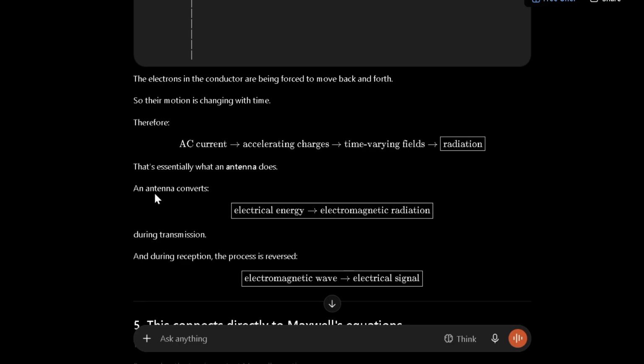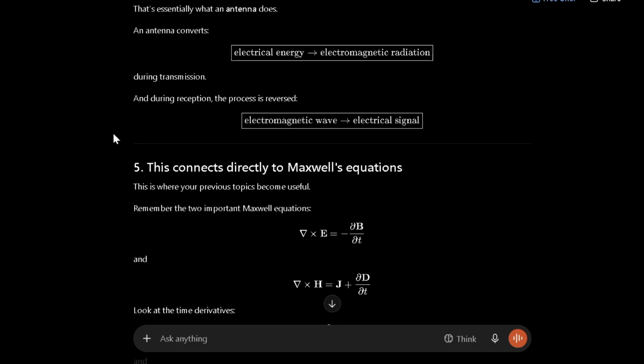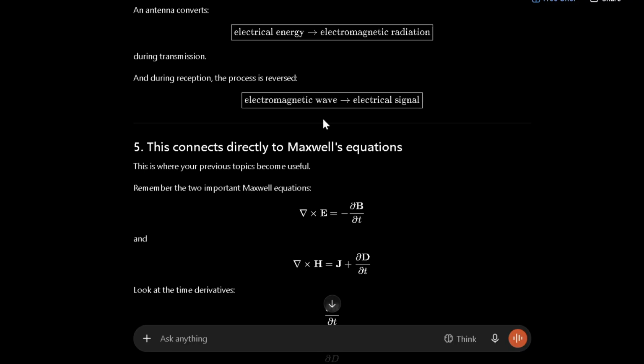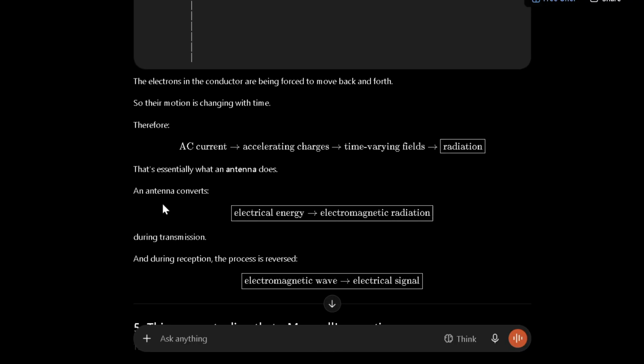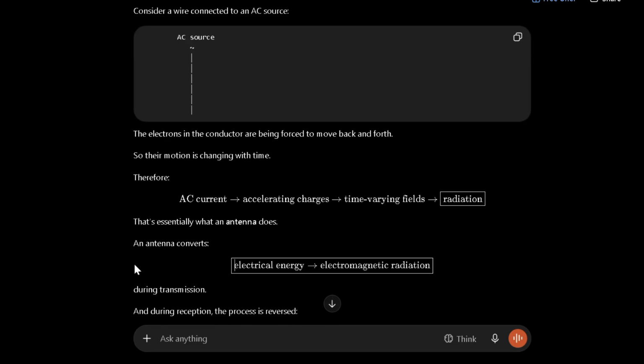An antenna converts electrical energy into electromagnetic radiation during transmission, and during reception it captures parts of the electromagnetic wave. At a transmitter, electrical energy is converted to electromagnetic radiation through the antenna, released as electromagnetic radiation from the transmitter.